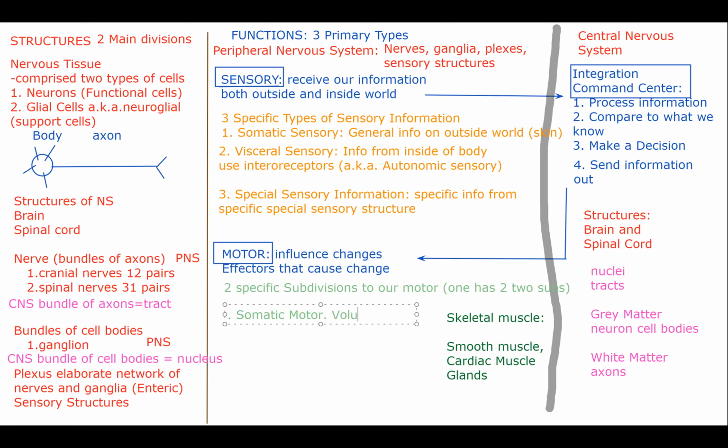This gives our voluntary control, and it gives us that voluntary control of our skeletal muscle. So when we were talking about our skeletal muscle and controlling it at our neuromuscular junction, it was a somatic motor neuron that provided that voluntary control.